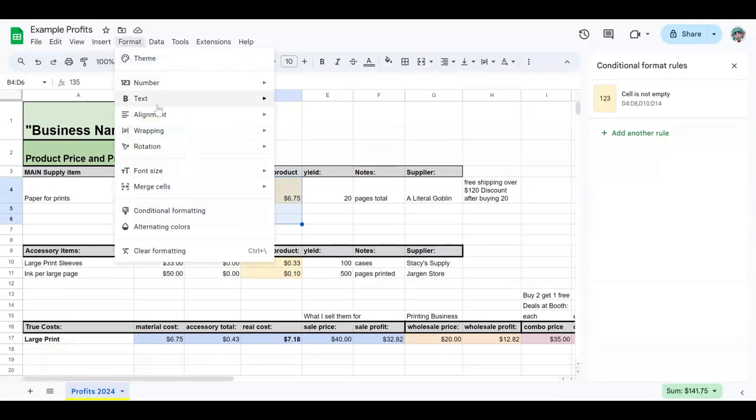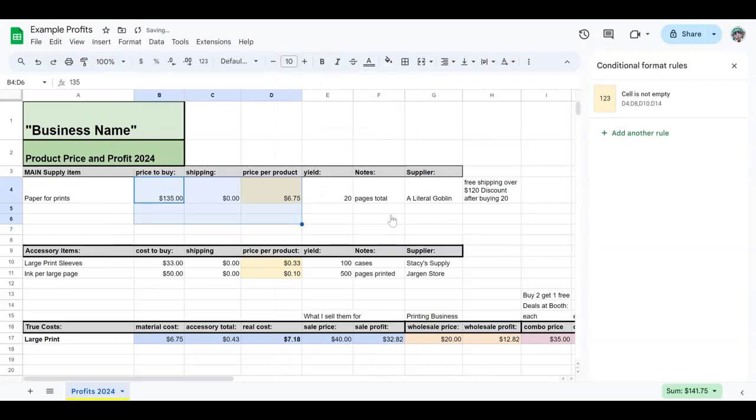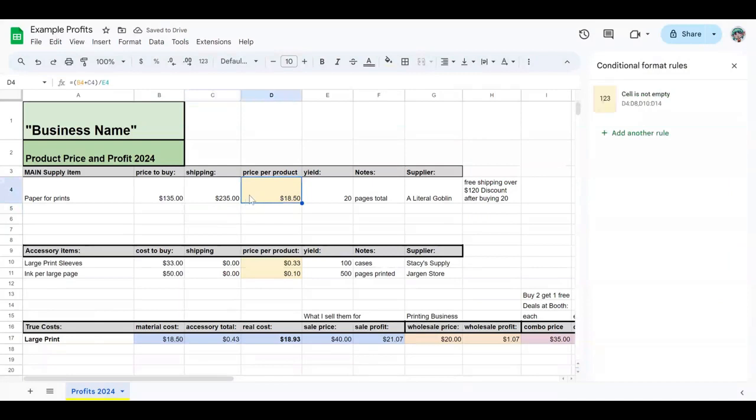Go to format, number, and then go down to currency, not currency rounded, but currency, so it has the decimal point so you can show the change. And when you write something like 235, it'll automatically turn it into a cash money number. And then it'll change this if you have the formula in here. So let's go back to zero, enter, and it makes it a nice money number.